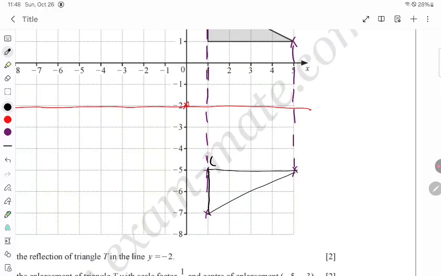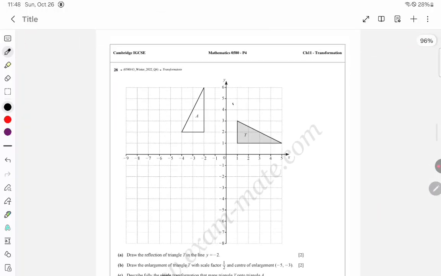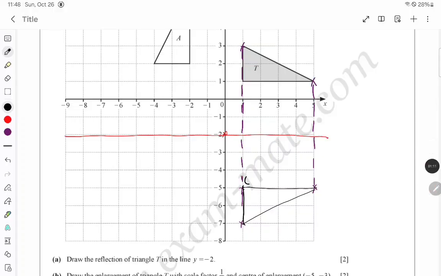Now mark the coordinates: 1 comma negative 5 here, 5 comma negative 5 here, 1 comma negative 7.